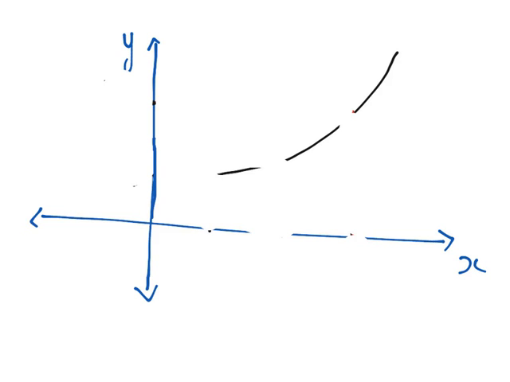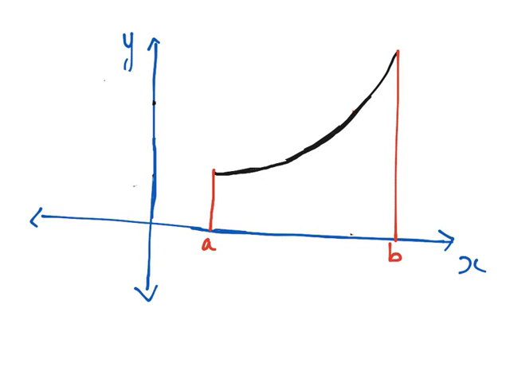This is the y-axis, this is the x-axis. Let me complete the curve also. So this is the curve. Now let me draw a vertical line here. Let's say this is A, and another vertical line here. This is B.